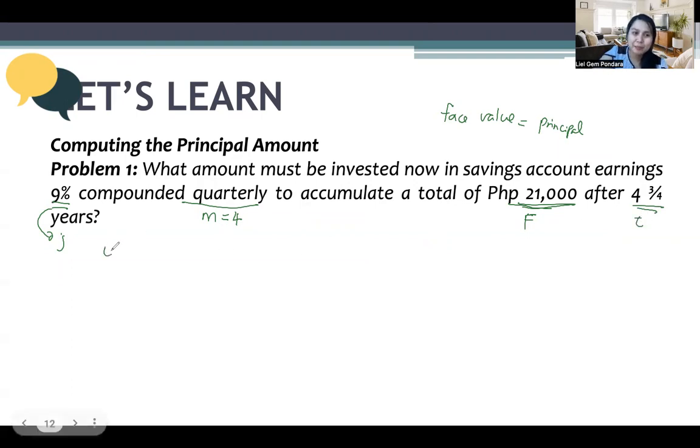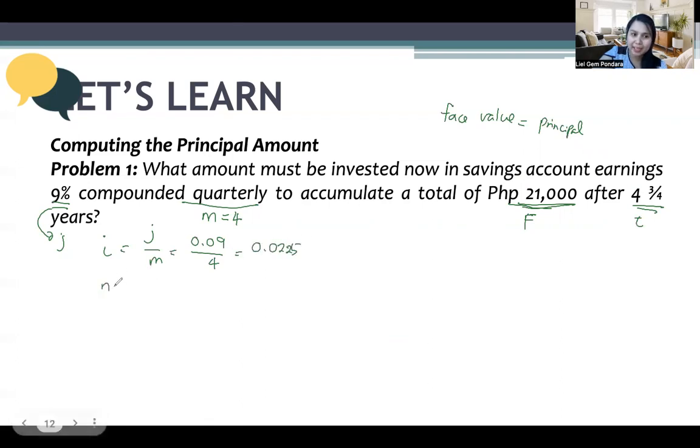So anyone can tell me what is our periodic interest? 0.0225. Very good. That's j over m. So 0.09 divided by 4, that's 0.0225.